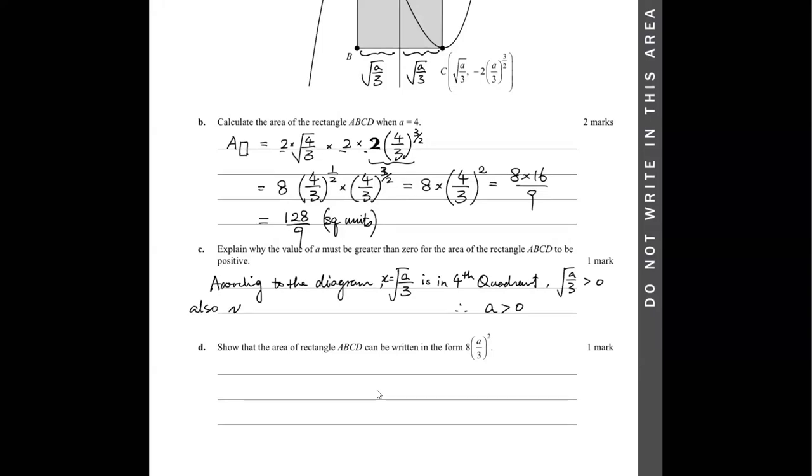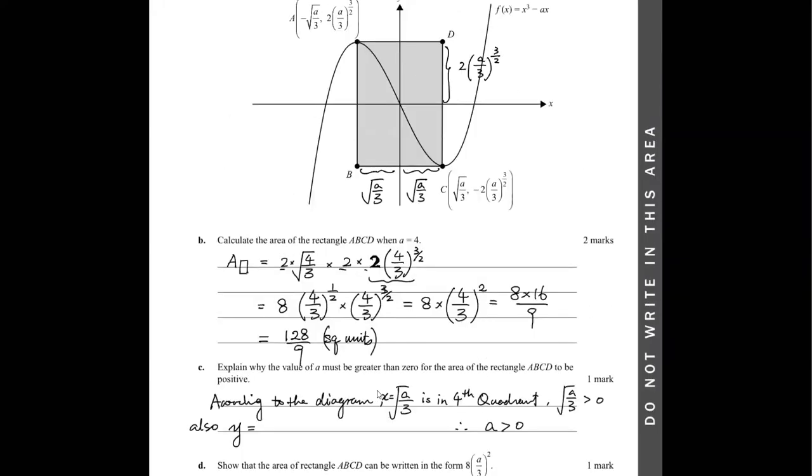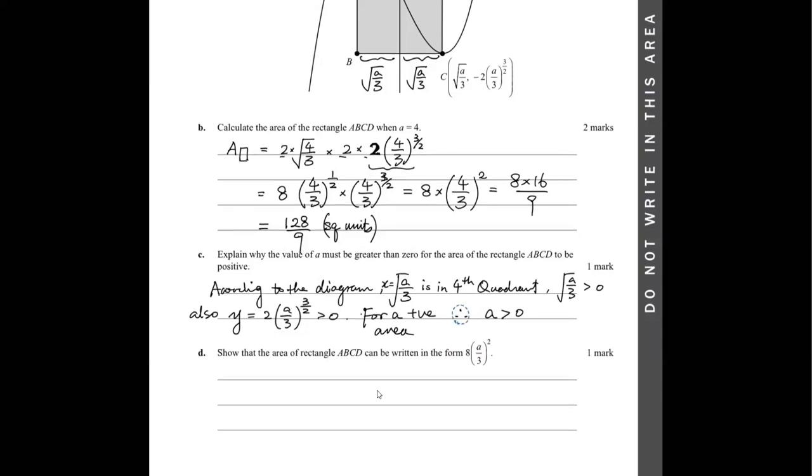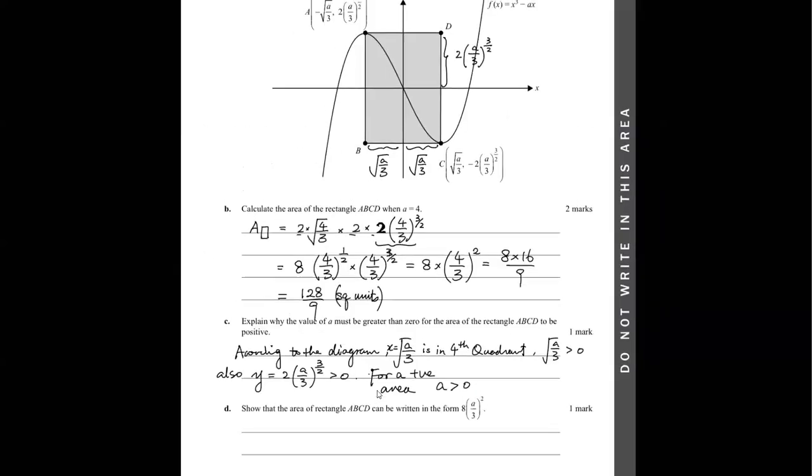Also, y equals 2 times (a over 3) to the power 3 over 2 must be greater than 0. For a positive area, a must be greater than 0. Okay.